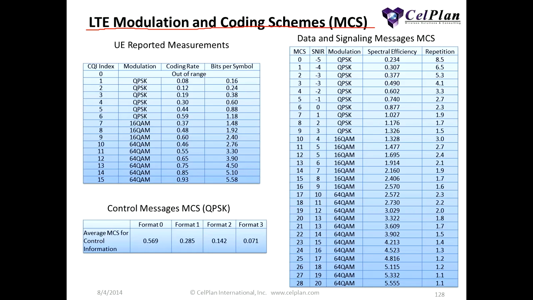Well, how does the eNB decide what modulation and coding scheme to use, and how does it inform this to the UE? Because the UE doesn't decide what modulation scheme it will use. Who decides everything? Downlink and uplink is always the eNB.